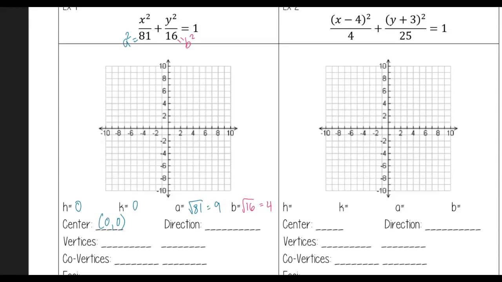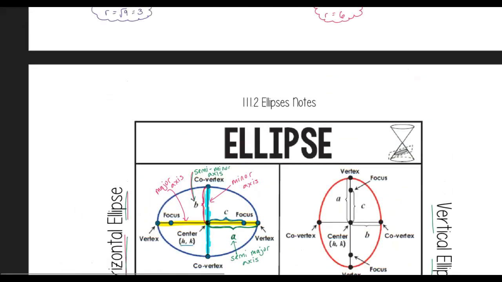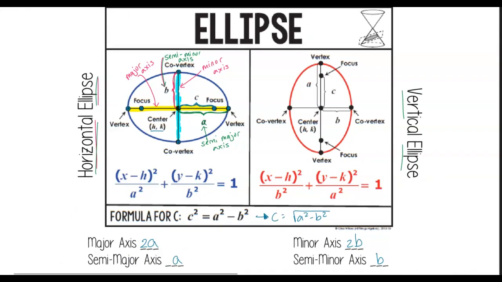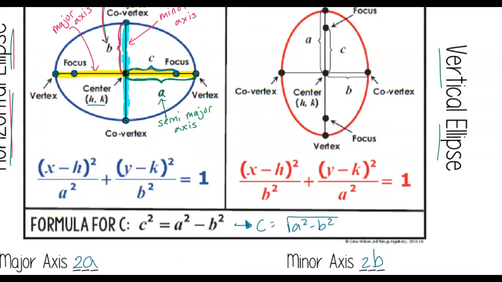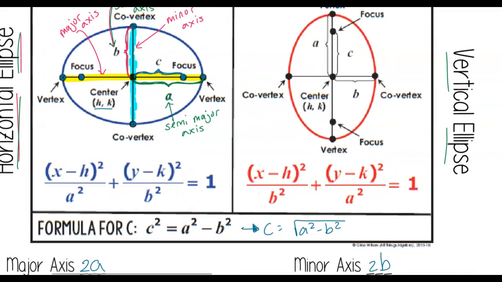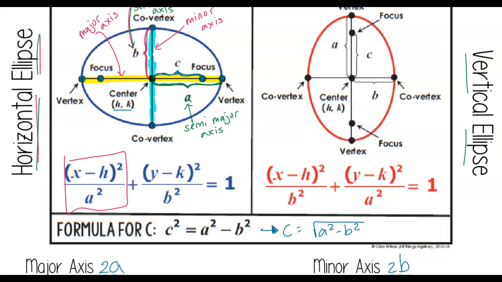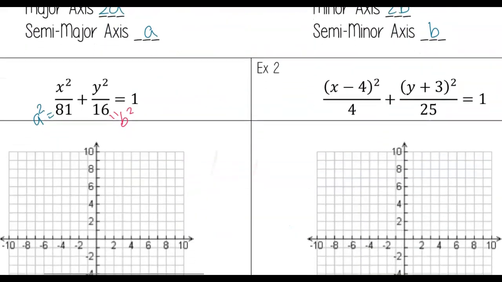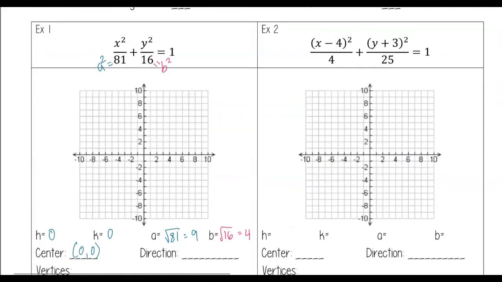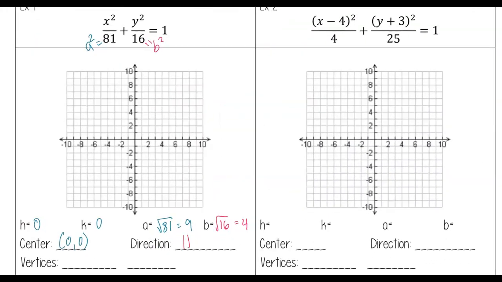The bigger denominator is under the X. Which one had your A value, your bigger value, under the X term? Right. The horizontal has A under the X term. So this example has 81 under the X. That means it is a horizontal ellipse.